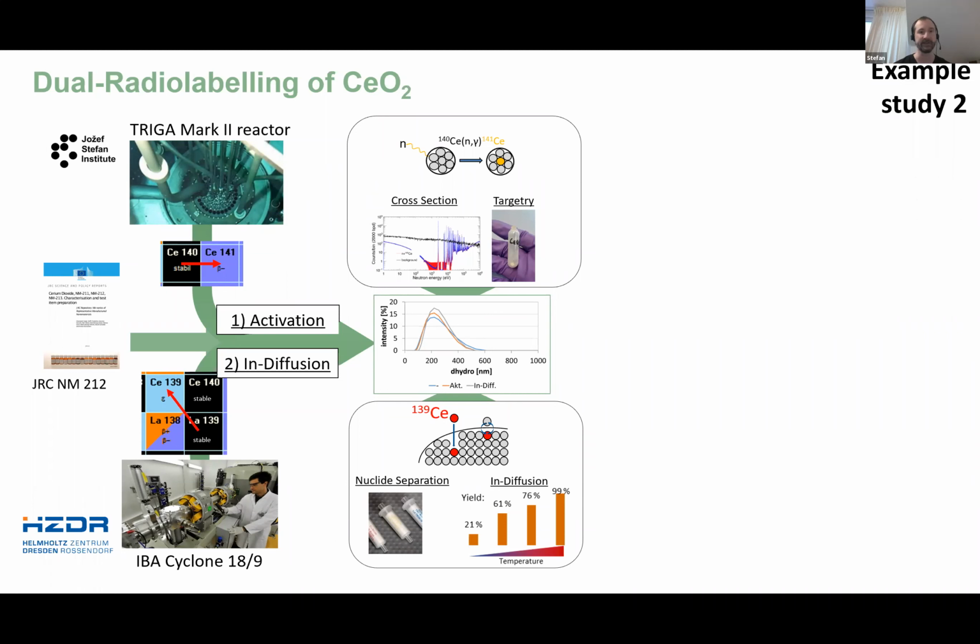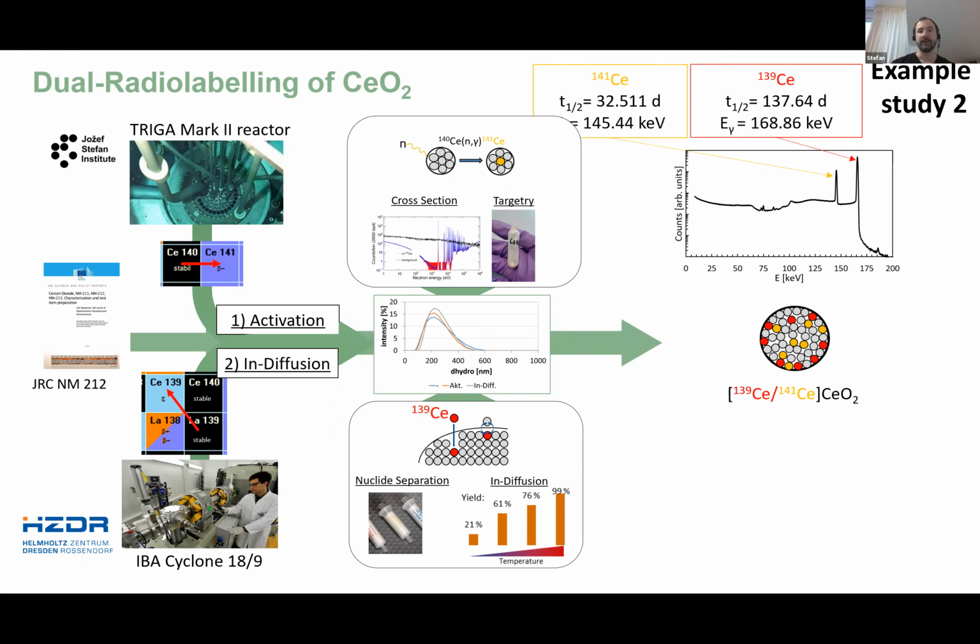So using a nuclear reactor at the Jožef Stefan Institute, we got an activation route, and with our cyclotron we did the in-diffusion route, and then we have the dual labeled nanoparticles, cerium-141 and cerium-139, which are differently distributed in these particles.